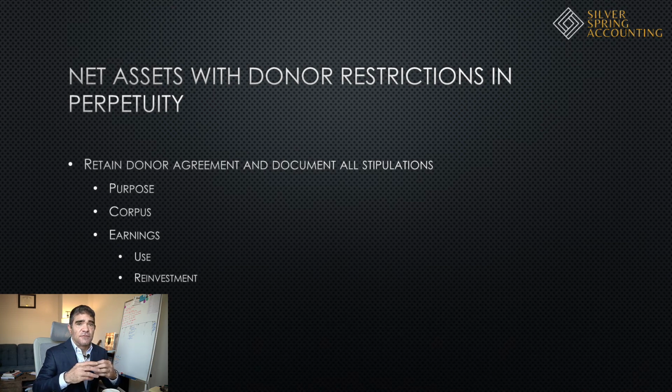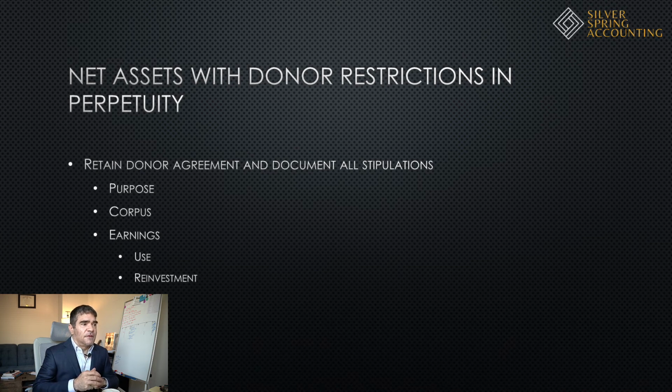I like to think of maybe you have a master document that lists all the notes, maybe even in your net assets roll forward. So everything you have in there has notes attached to it that say the corpus is this, and we need to maintain this in these types of investments. We are allowed to use this much of the earnings, that sort of thing.